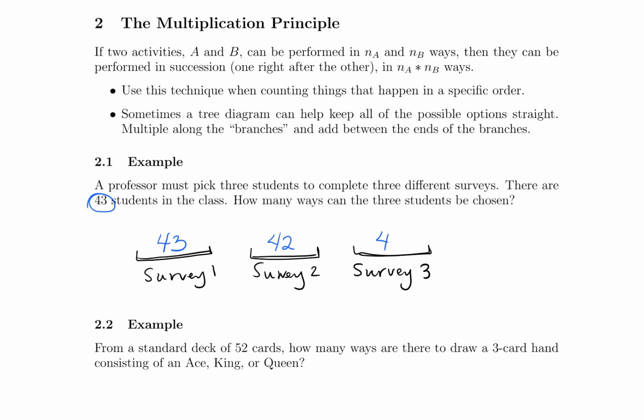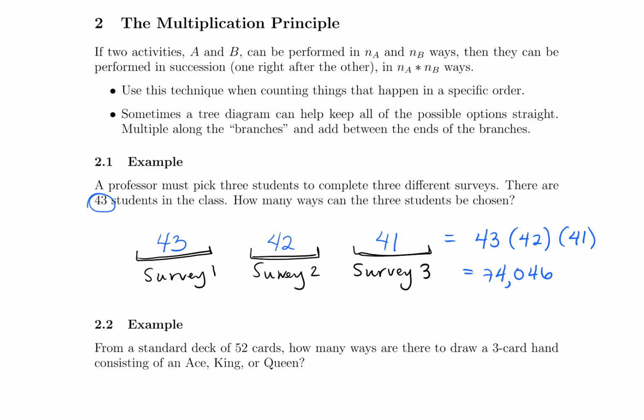And similarly, we have only 41 students for survey 3, because 2 students have already been assigned a survey. And so what we see is that the number of ways that this could be done would be given by 43 times 42 times 41. And this comes out to 74,046. Okay? And so there are lots of ways that we could do that, right?